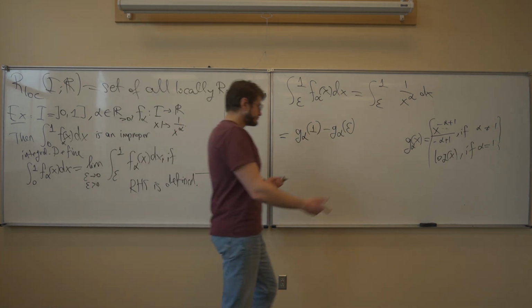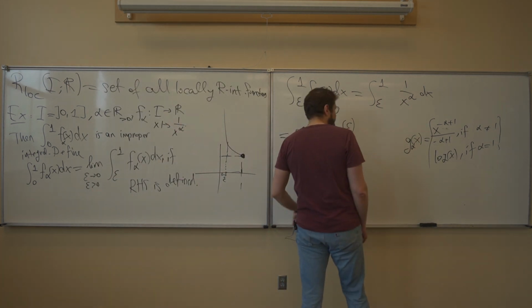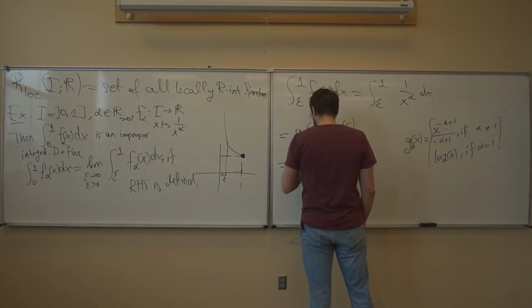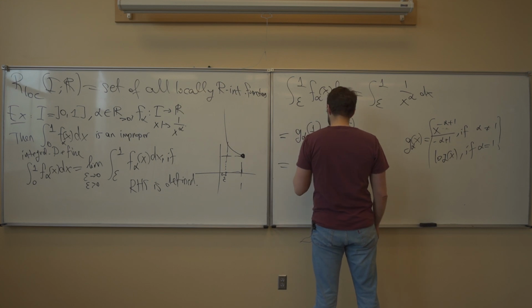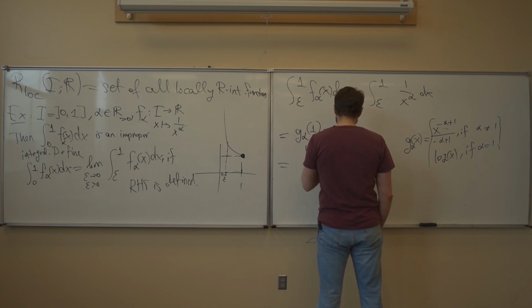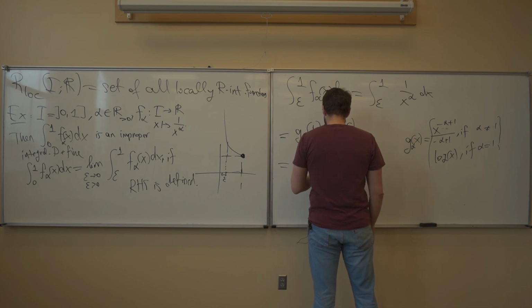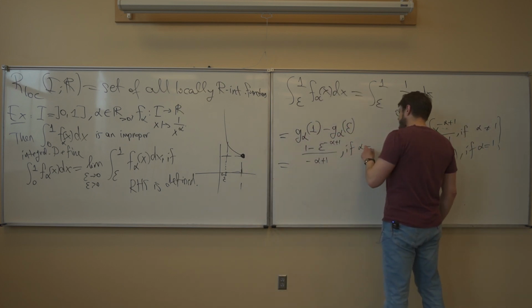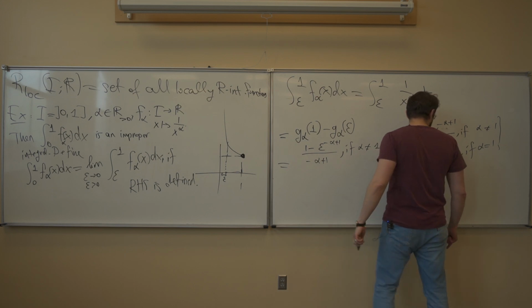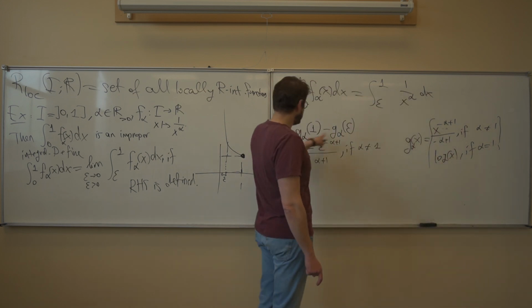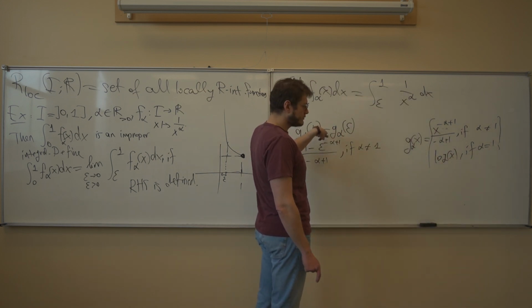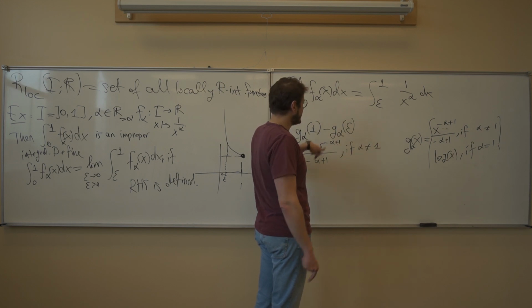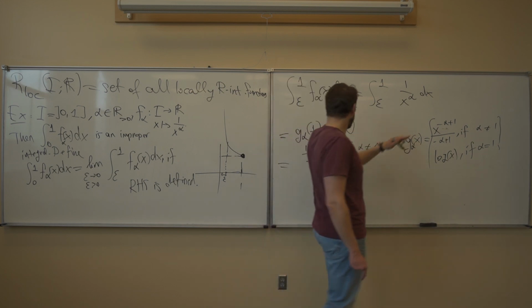Okay. Writing this down explicitly gives me the following. So this is 1 minus epsilon to the minus alpha plus 1 divided by minus alpha plus 1 if alpha is not equal to 1. If alpha is equal to 1, then this is log of 1 is 0, sorry, minus log of epsilon.